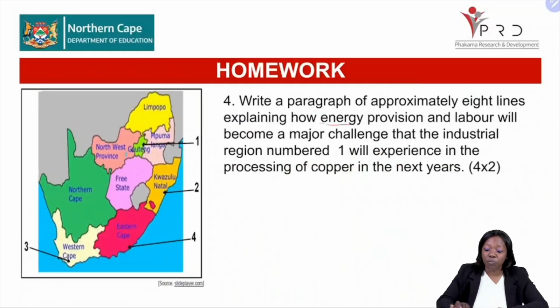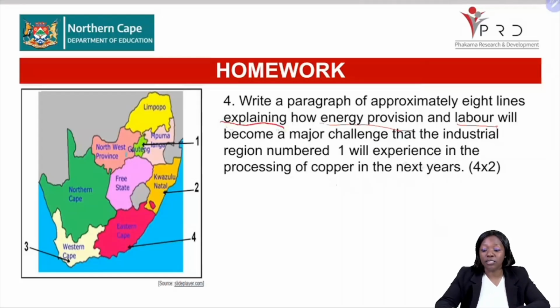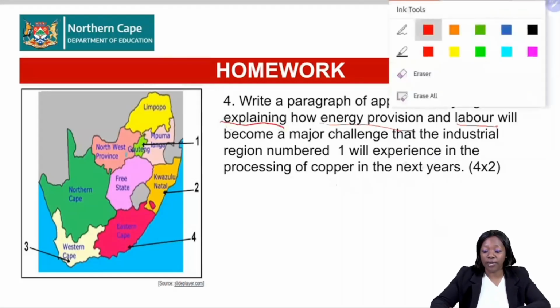So the energy provision as well as labor, in terms of the people who are working, skilled or semi-skilled, will become a challenge that industrial region number 1 will experience in processing the copper in the next years. 4 times 2. Again, 4 responses that is going to give you 8 marks. So explaining. You are not stating, but you are explaining. So this is your homework for today.